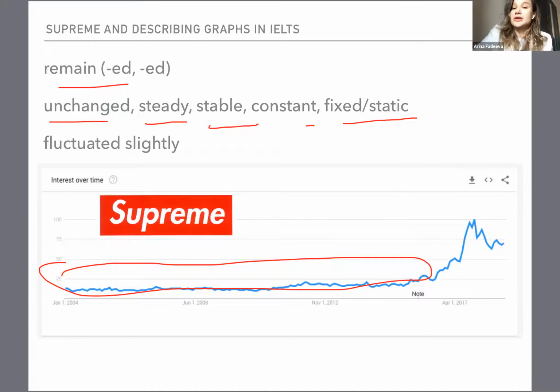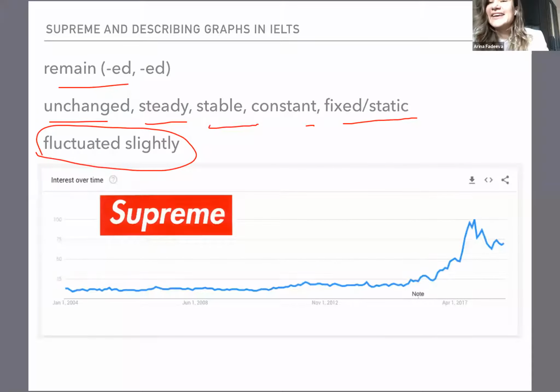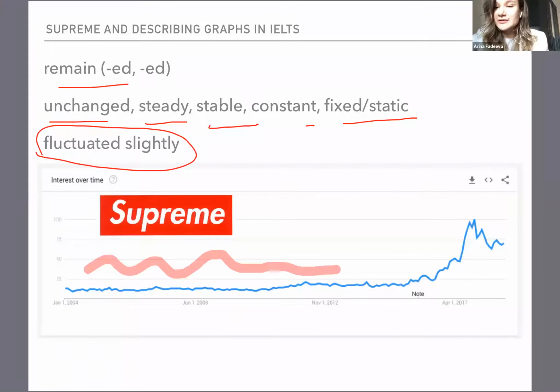Another one which we can use here is fluctuated, but slightly. Let me clear this once again. So as you can see, the line is not really even. It's like that here. So we can say it fluctuated slightly or it remained relatively unchanged, all right?